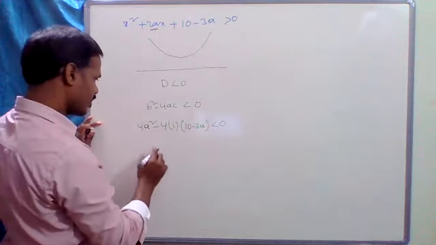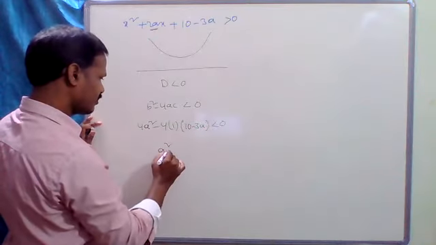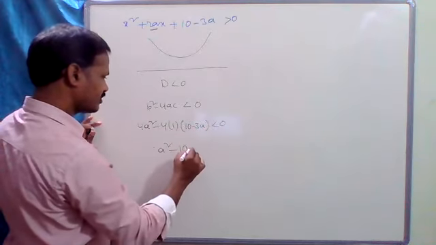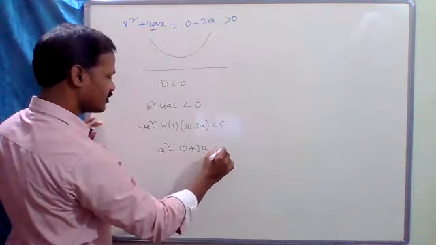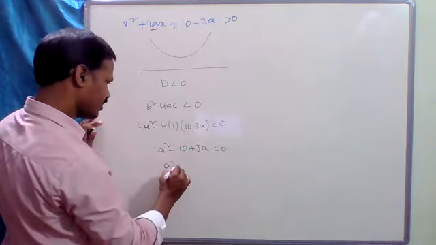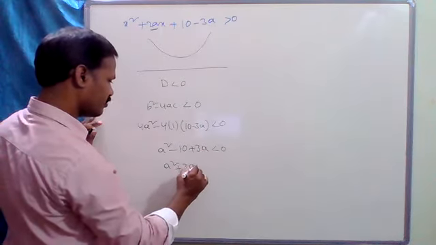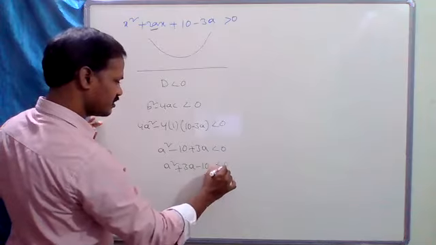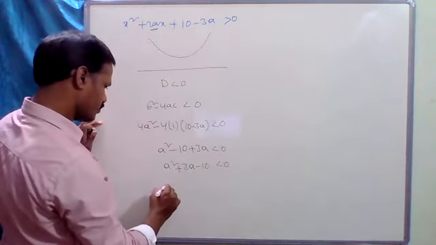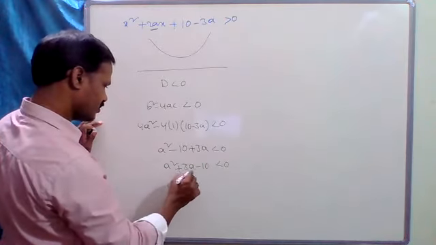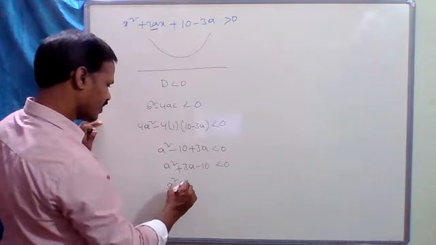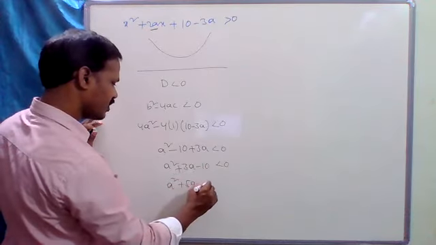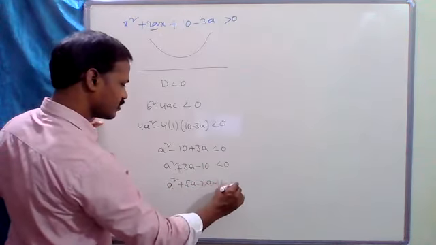Take common 4, you will get A square minus 10 plus 3A is less than 0. So A square plus 3A minus 10 is less than 0, which is A square plus 5A minus 2A minus 10 is less than 0.